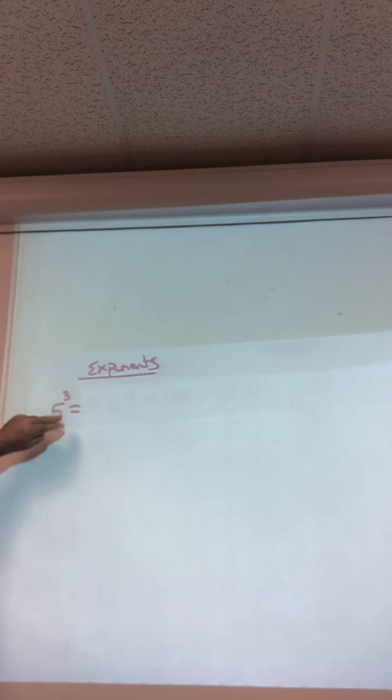Another way of saying that is simply this. 5 exponent 3. And remember, this is what we call the power, or the exponent. And this number right here is called the base. If there is no exponent written, it's understood 1. So every base has a power, and every power has a base.